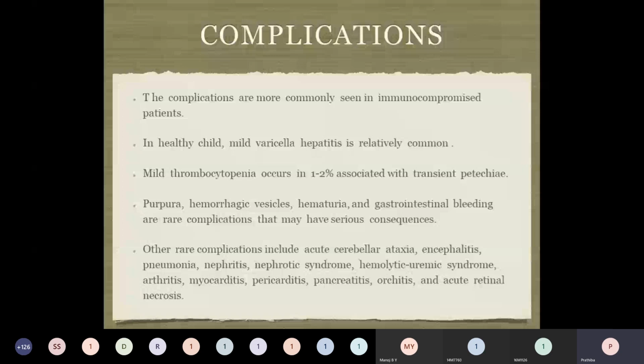Other complications may include CNS involvement such as acute cerebellar ataxia, encephalitis, pneumonia, nephritis, nephrotic syndrome, hemolytic uremic syndrome, arthritis, myocarditis, pancreatitis, orchitis, and acute retinal necrosis.